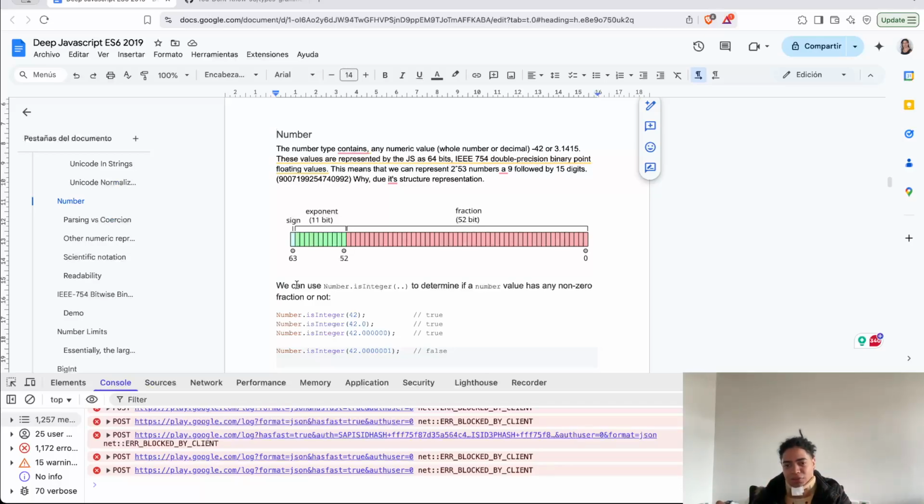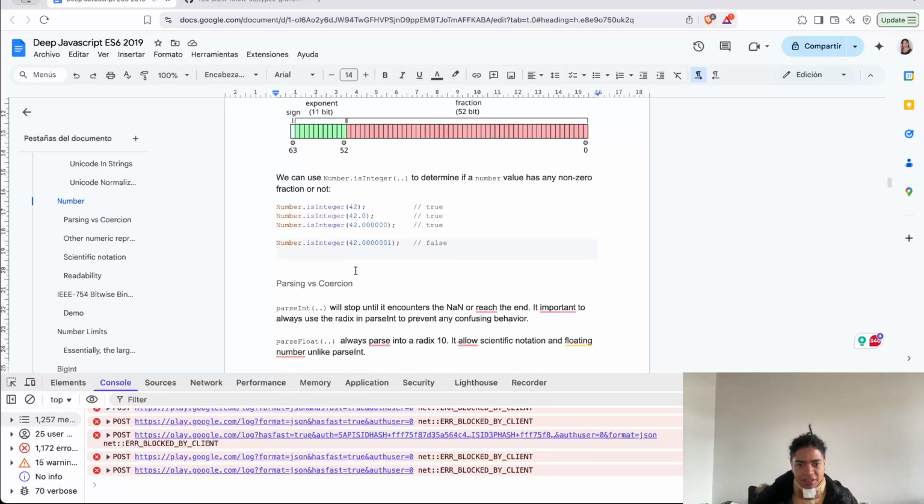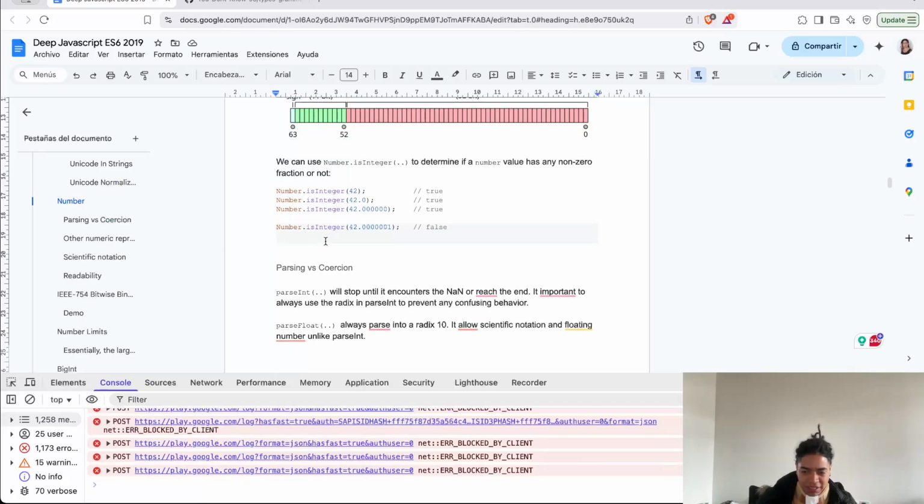The idea here is to understand that when you are going to detect if this is an integer or not, no matter how many decimal places it has, if all of them are 0, it is going to be converted into a whole number.